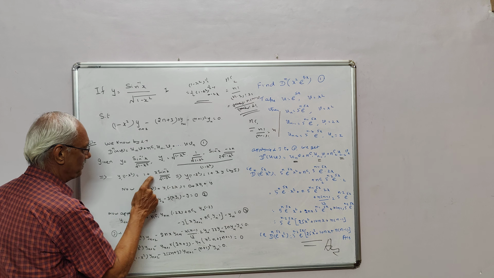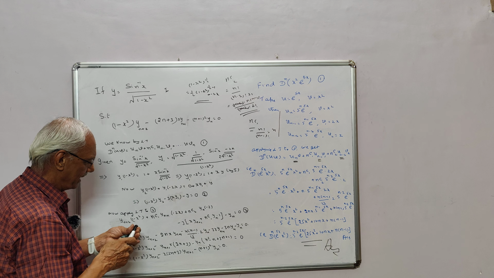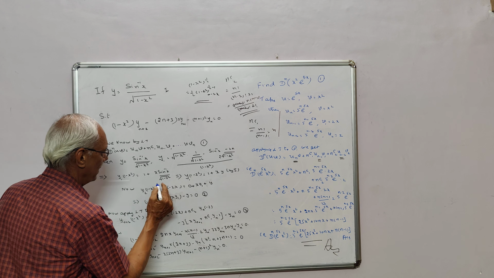So these two will get cancelled, giving you 1. Minus into minus will make it plus, 1 plus x into sine minus 1 of x. I deliberately write like this, and you can identify that this is equal to your y. So this is your y. So cross multiply throughout.